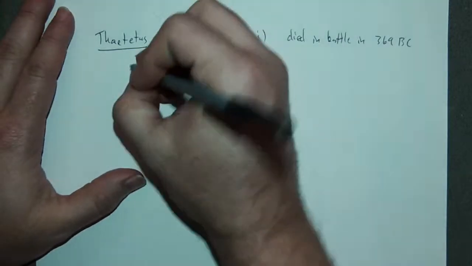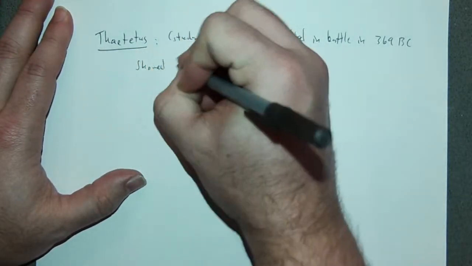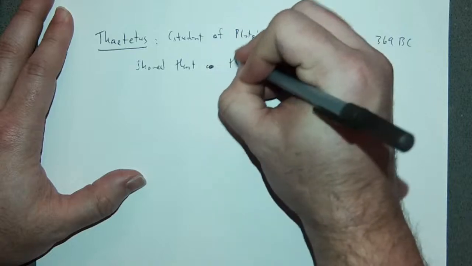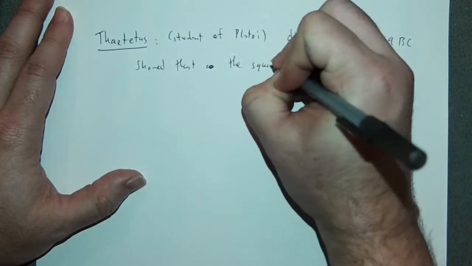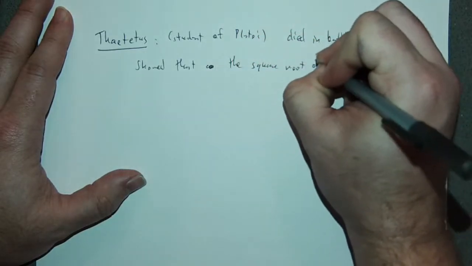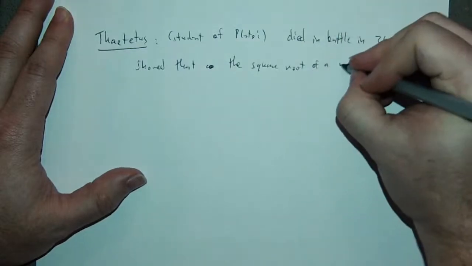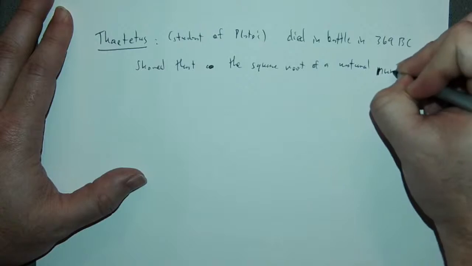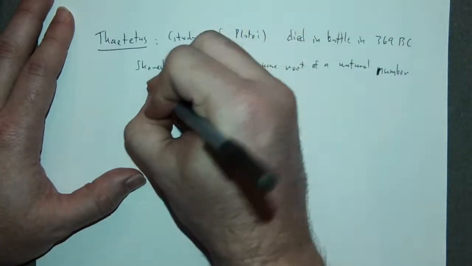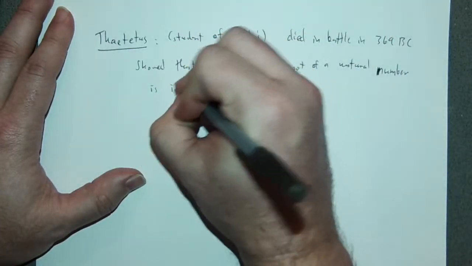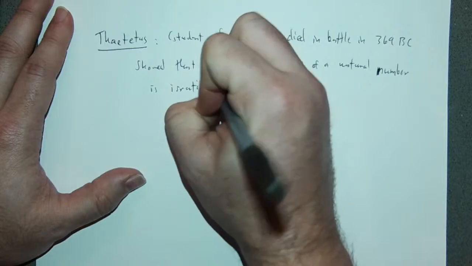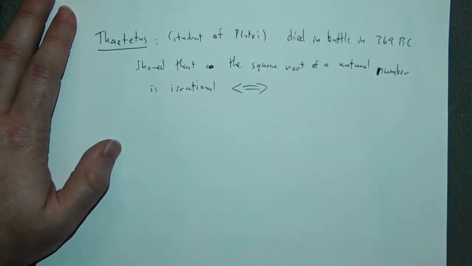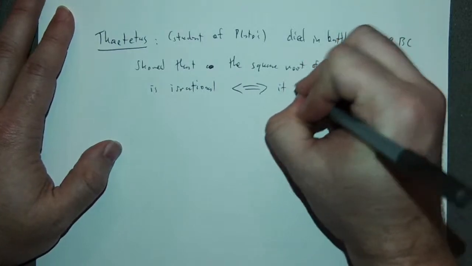And he showed that the square root of a natural number, that is a positive integer, is irrational if and only if it is not a square.